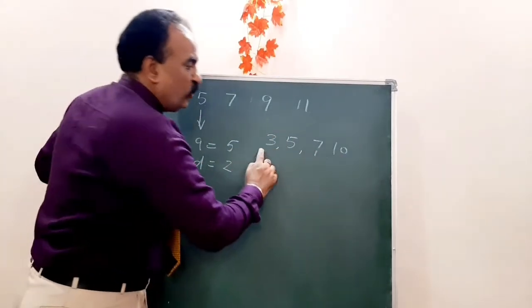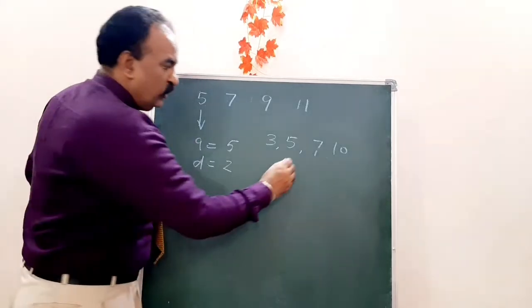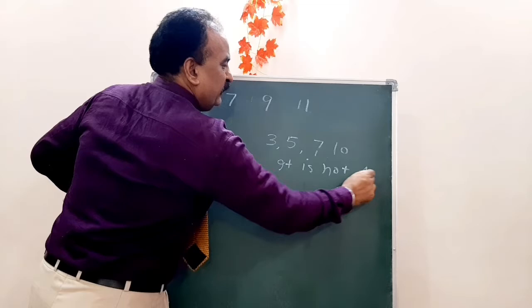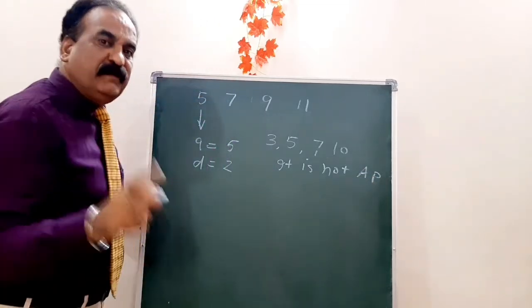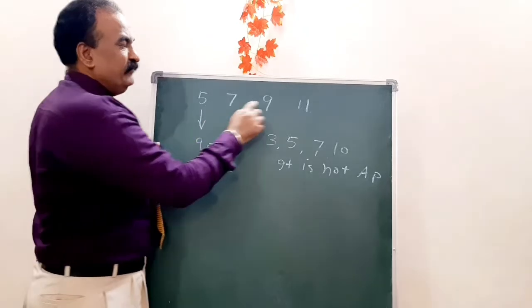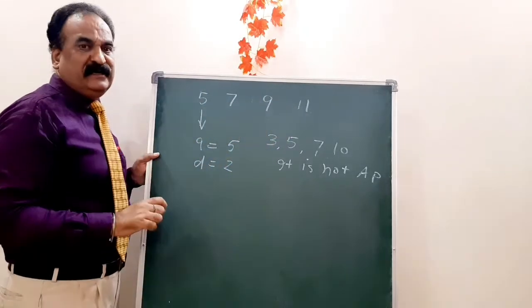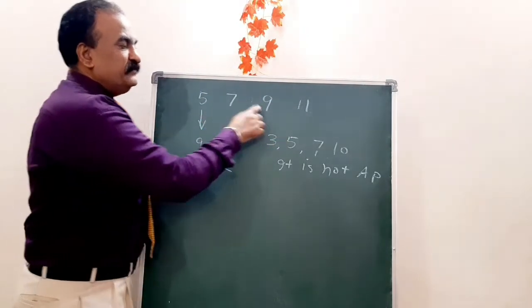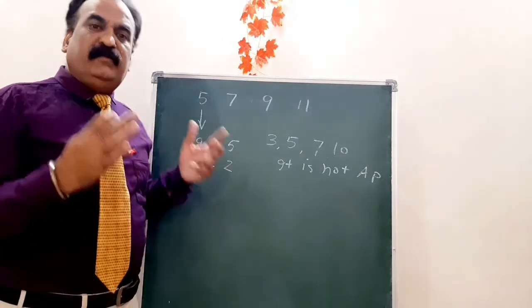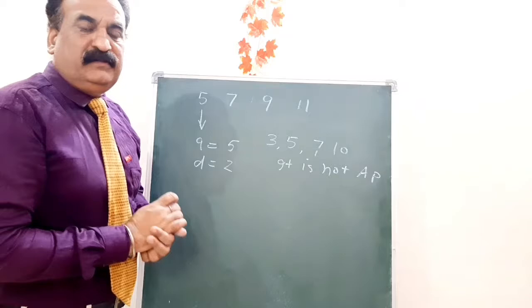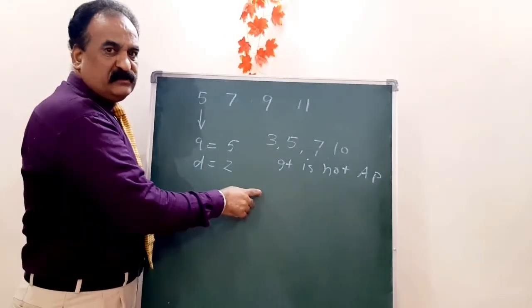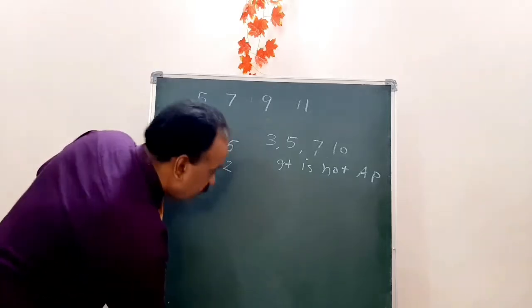It means it is not an AP, arithmetic progression. Is 5, 7, 9, 11 an AP? Yes, it is an AP because the common difference is the same. Throughout the arithmetic progression, the common difference should be the same. Then only you can say this is an AP. Okay?